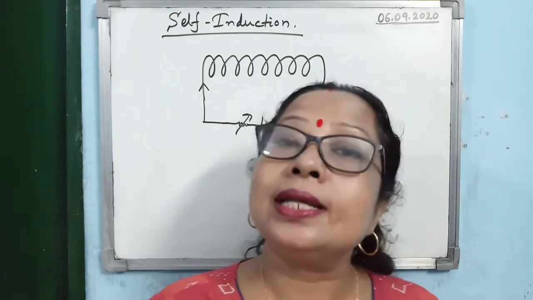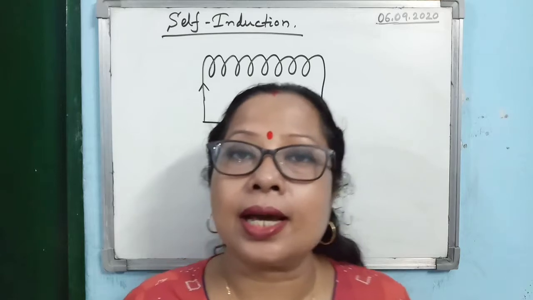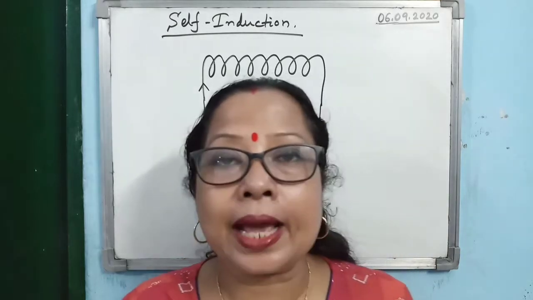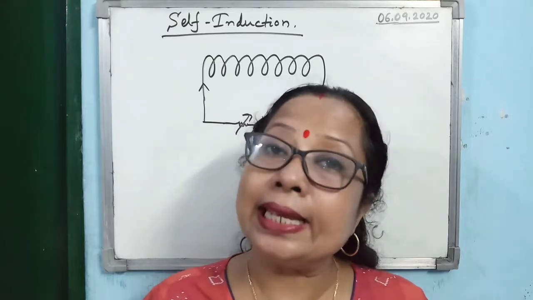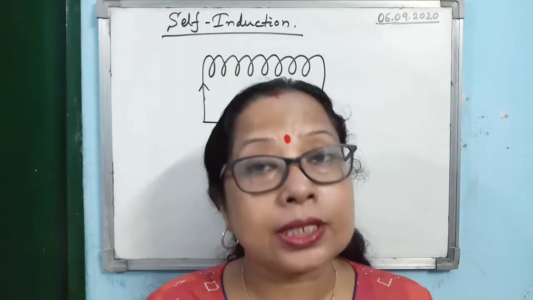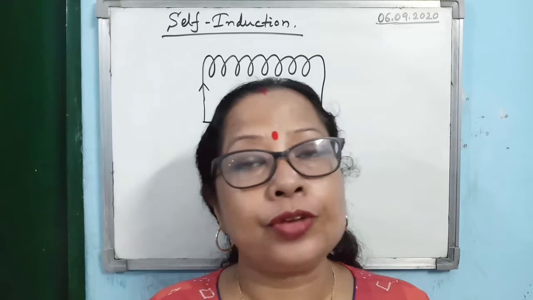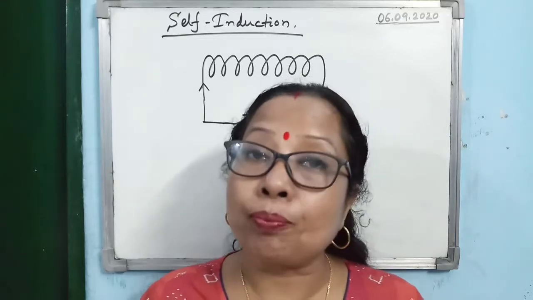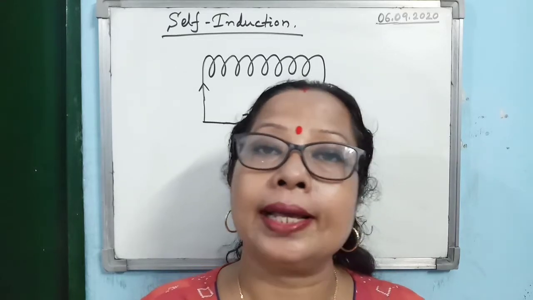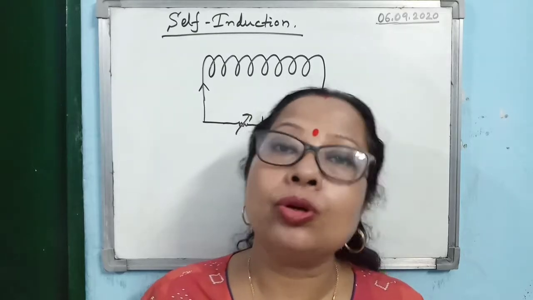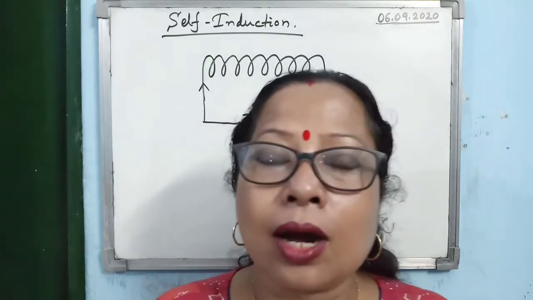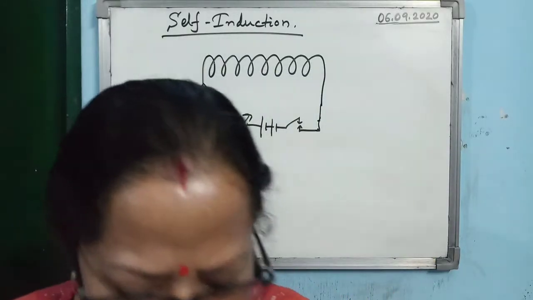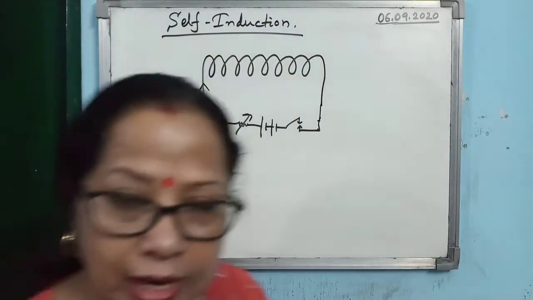Clear? So what is self-induction? You can say that due to change in current in the coil itself, the production of induced EMF within the coil, which opposes the growth of current in the coil, is known as self-induction. Now, this definition of self-induction you don't have to learn.